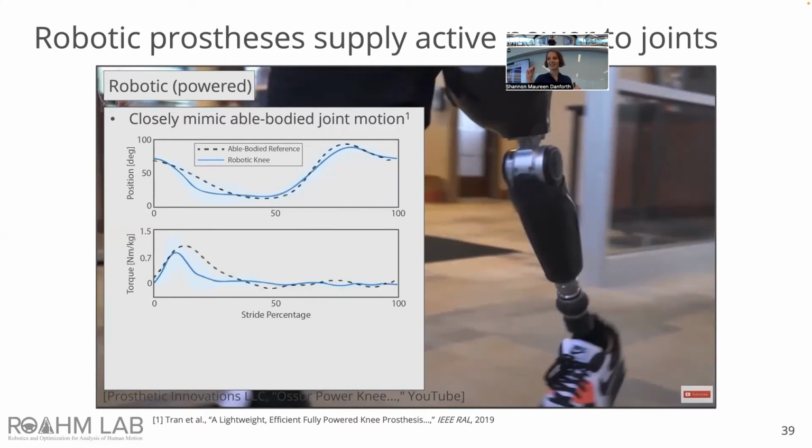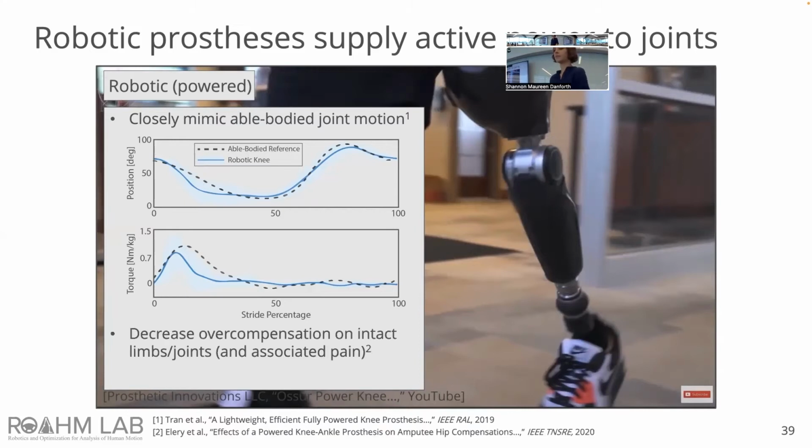So here we have in the dashed line an able-bodied reference trajectory compared to a robotic prosthesis behavior in blue. And by doing so, increasing overcompensation on intact joints and limbs during walking and the associated pain that comes with it, as well as decreased energy cost.